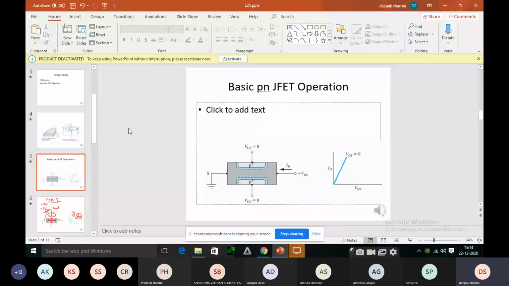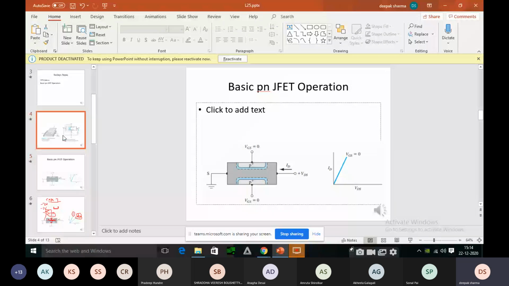Along with that, they can study other questions also. I guess in every module I'll be giving a few very important questions which will definitely appear in the final examination. Right? So this is one of them. Basic working, basic construction and operation of JFET.